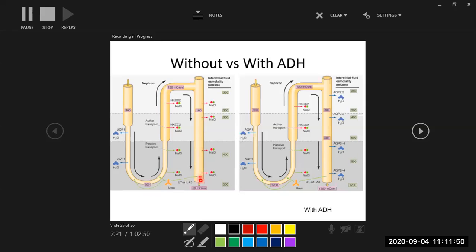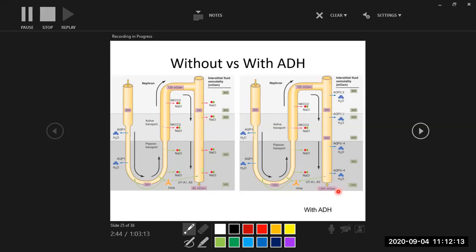Without ADH, the urine is very light, and the patient will pee a lot because water is not reabsorbed. With the ADH, we can preserve the water, and the urine has a high concentration.